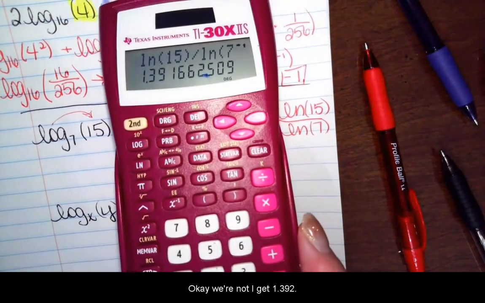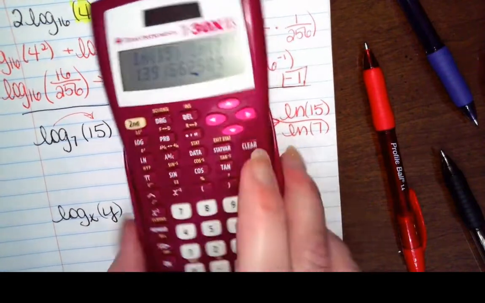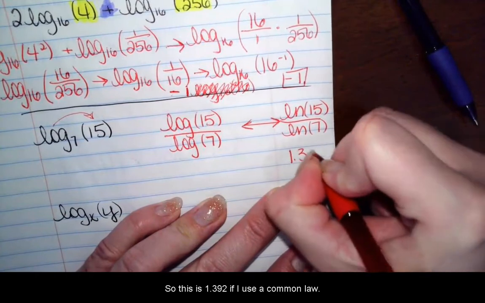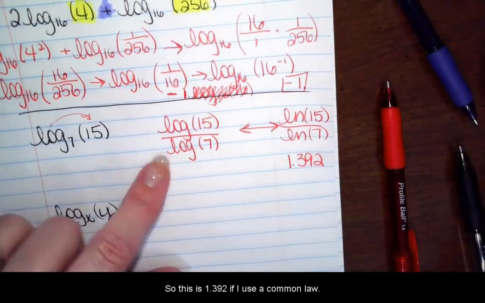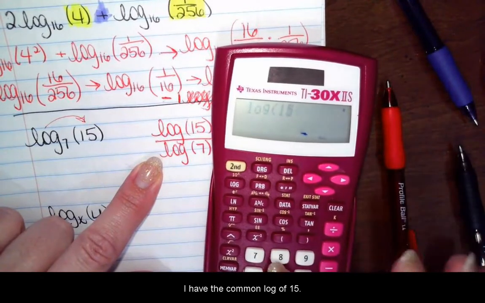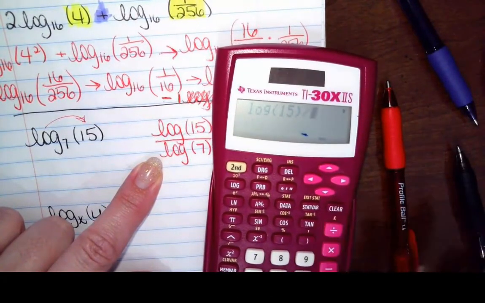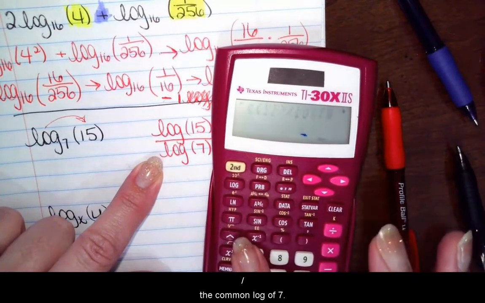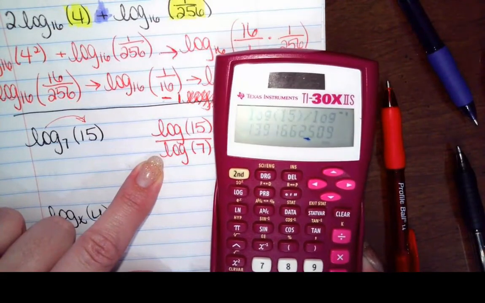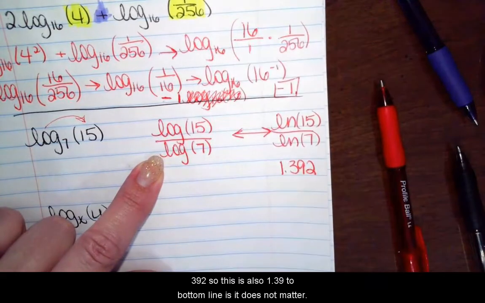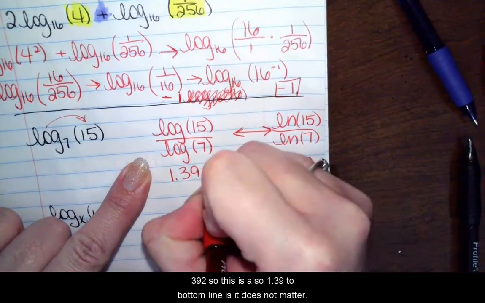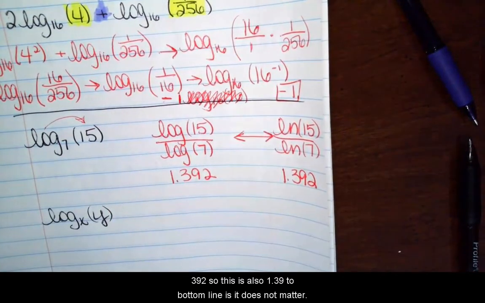Okay, I get 1.392. If I use a common log, I have the common log of 15 divided by the common log of 7, and I get 1.392. Bottom line is it does not matter.